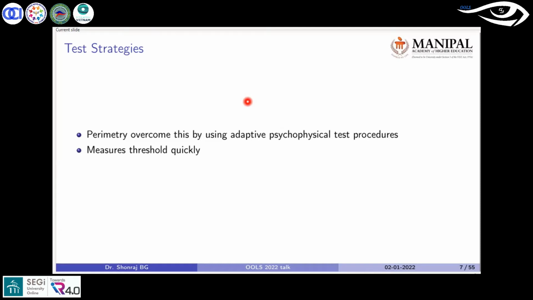If you measure them carefully and accurately, that takes a really long time. So we need to cut it short and measure quickly, using techniques called adaptive psychophysical test procedures to cut down the time.